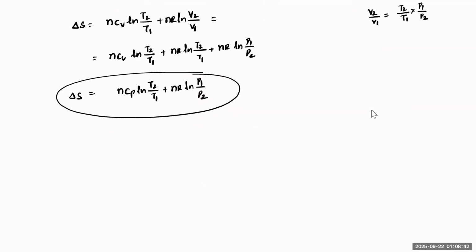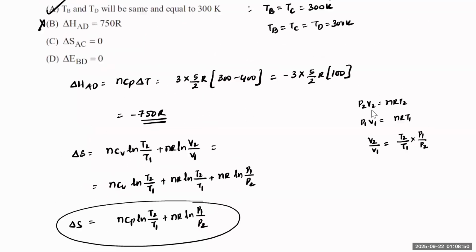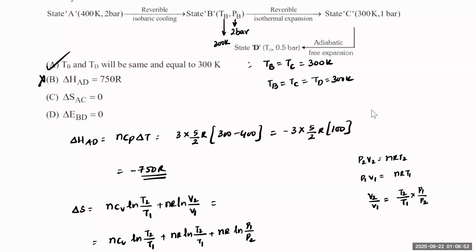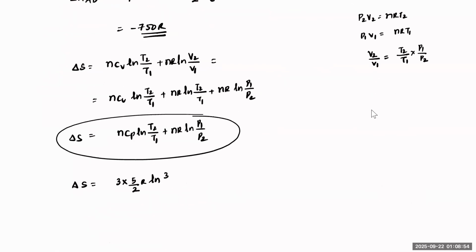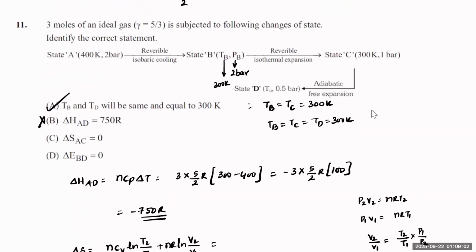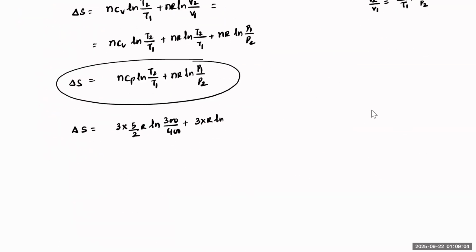Now let us apply that. Delta S is equal to 3 times Cp, which is 5 by 2 R, into ln T2 by T1. Final temperature is 300, initially it is 400, so 300 by 400, plus 3 times R into ln P1 by P2. Originally we had 2 bar, now it is 1 bar. So 2 by 1.